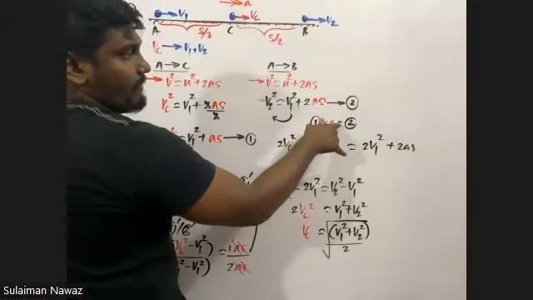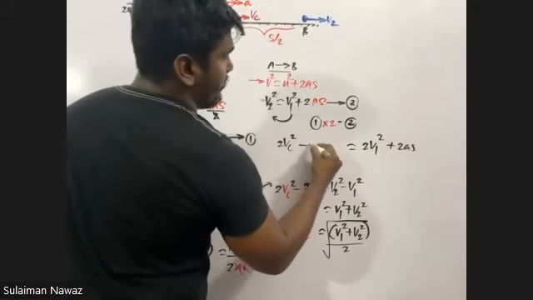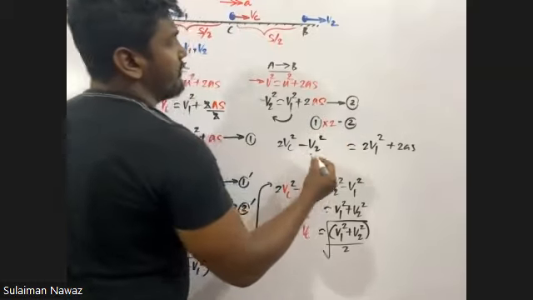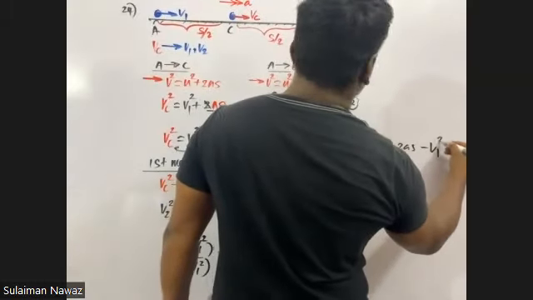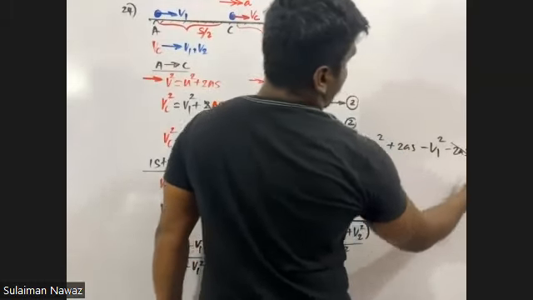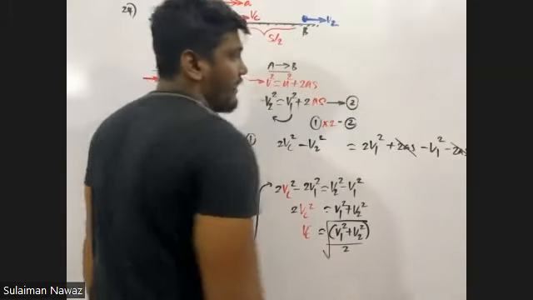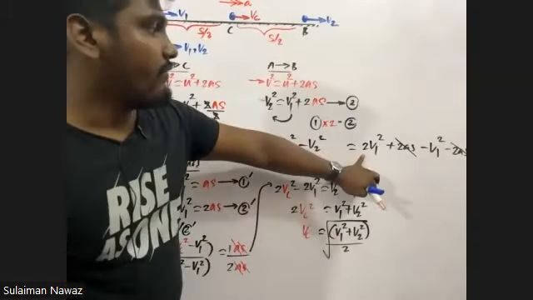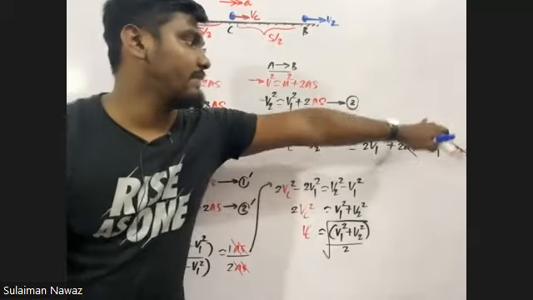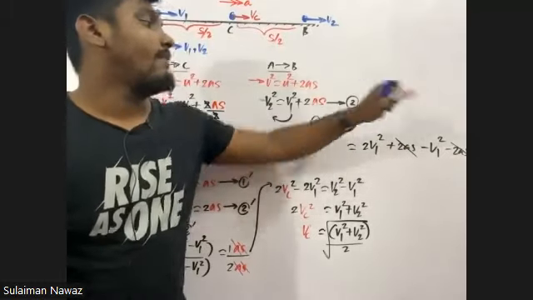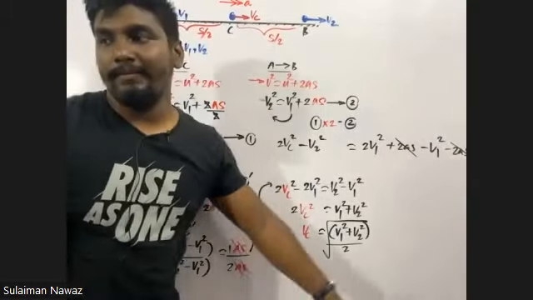If I subtract equation 2, V2 squared minus V1 squared minus 2AS, the minus 2AS and plus 2AS cancel out. 2 V1 squared minus V1 squared means V1 squared, plus V2 squared, over 2, the same answer.